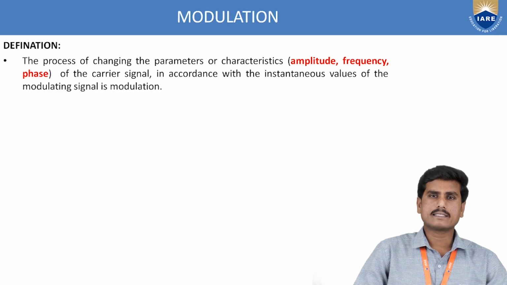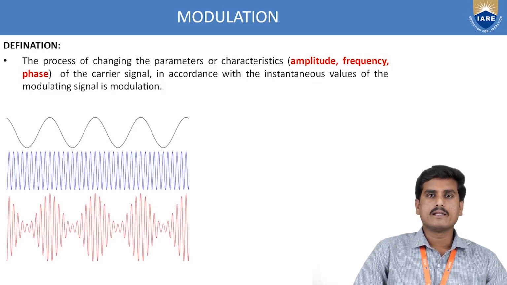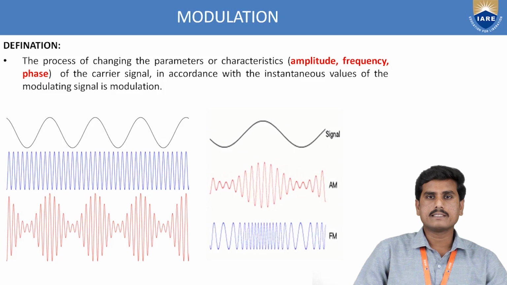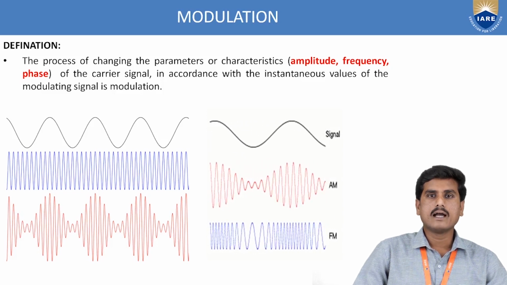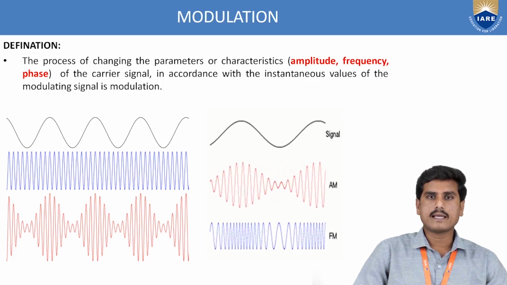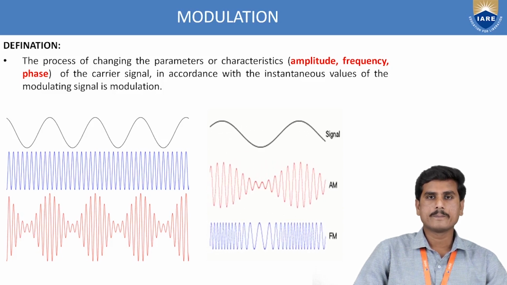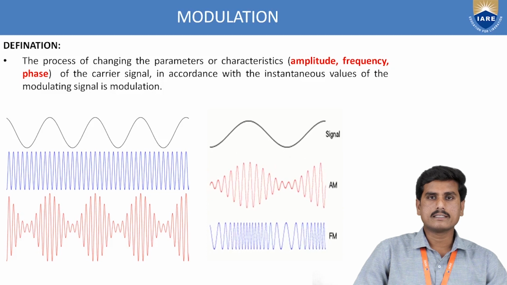What are the characteristics? Basically a signal contains amplitude, phase, and frequency. Based upon the different characteristics of a message signal, we can change the characteristics of a carrier signal. The first one is the message signal and the next one is the carrier signal.